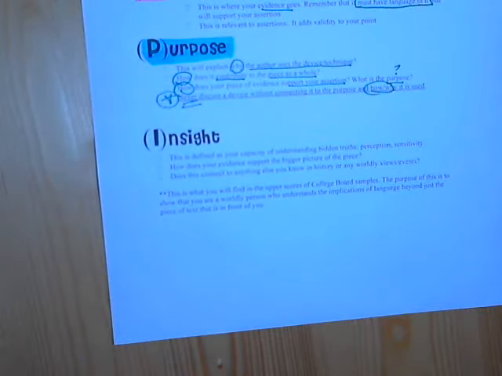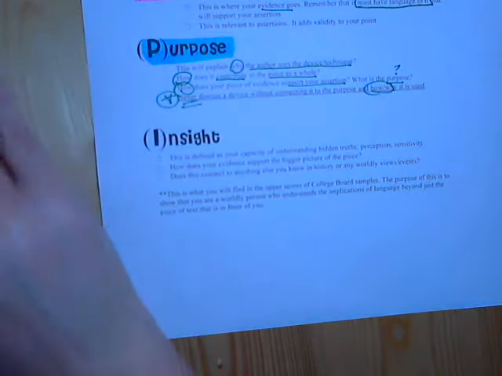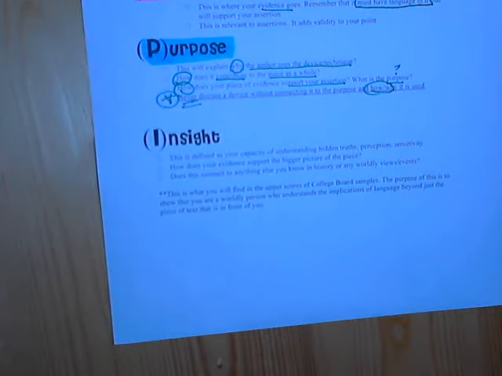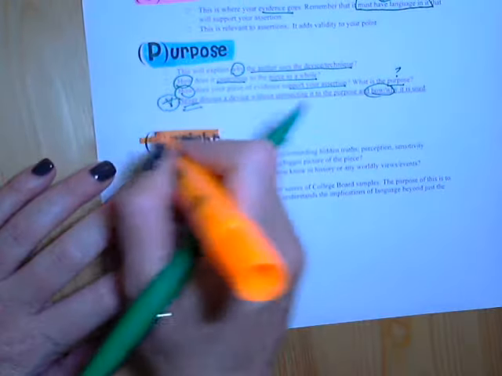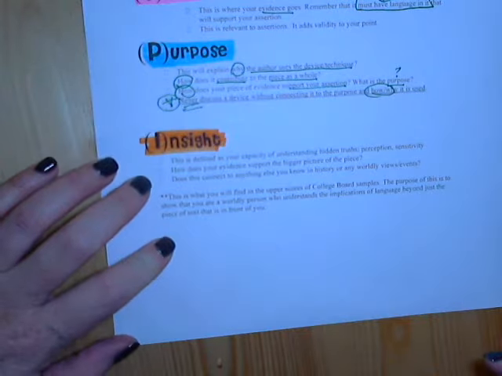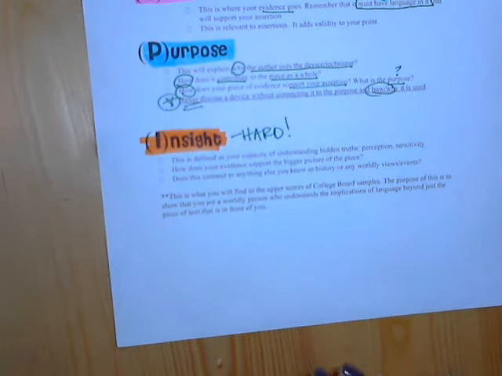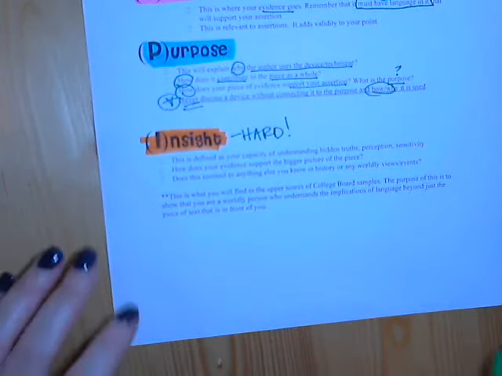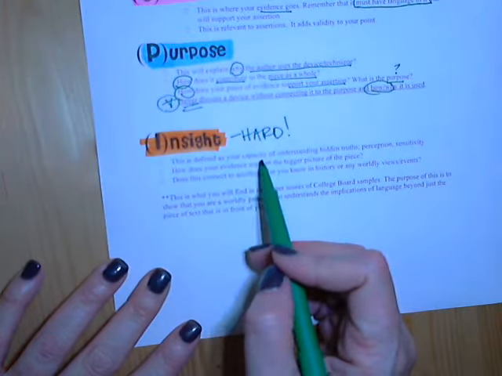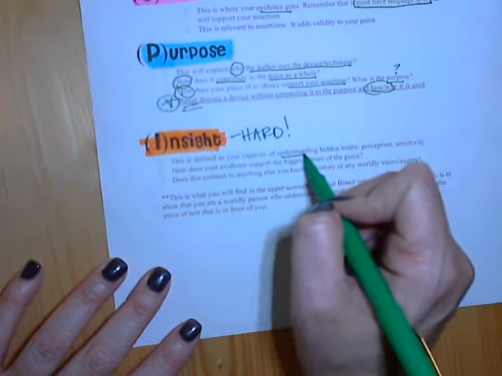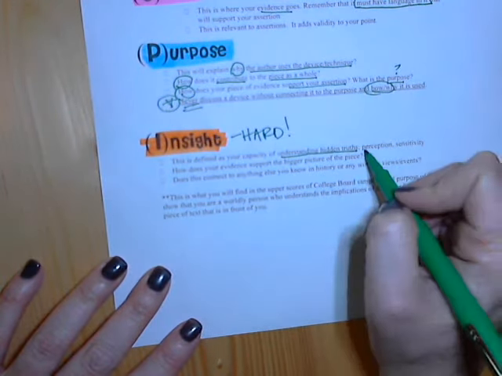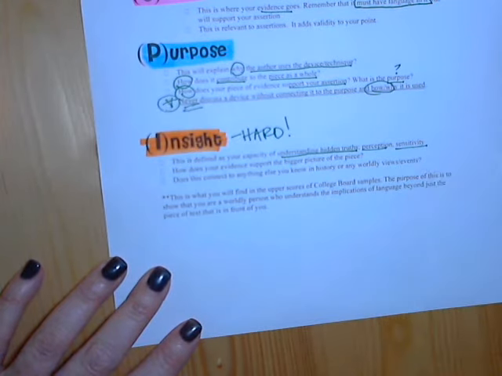Okay, and then you have insight. Mine is going to be orange. Now, this part is hard. This is defined as your capacity of understanding hidden truths, your perception, your sensitivity. That's why it's hard.